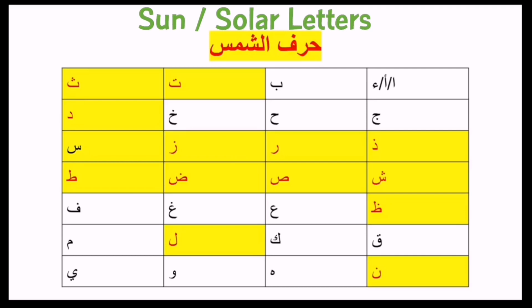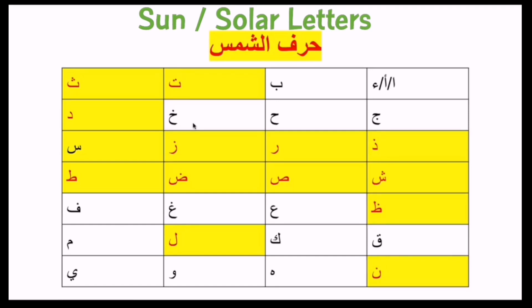For example, ta, tha, dal, dhal, ra, zay, sin, sheen, sad, dad, ta, za, lam, noon. If you see, all the letters are pronounced by bringing the tip of your tongue to the front of your teeth, just in that area.